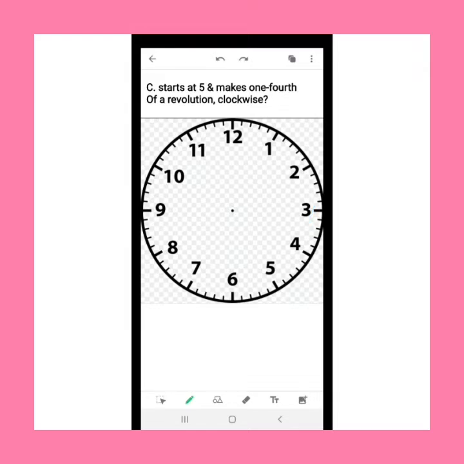So first you have to put the hour hand on 5 and make a 1/4 revolution. That means it crosses 2 points and reaches the third point: it crosses 6, 7 and then reaches 8. This is known as a 1/4 revolution. So in the answer you will write: at 8.